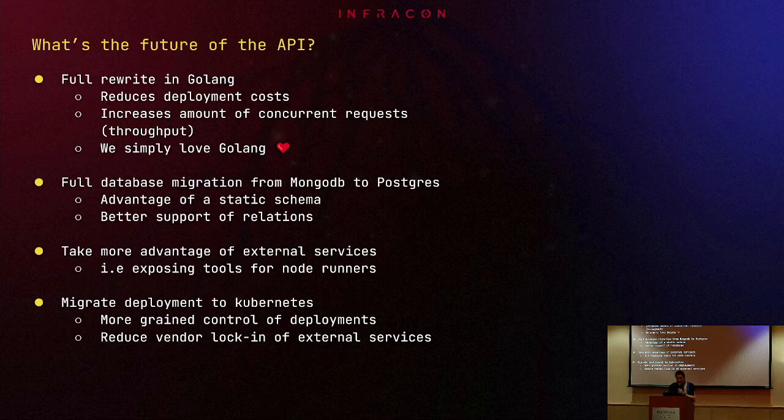And second, we're going to be able to increase the throughput of our API instances, because we're going to be able to serve more relays in less time. This is especially useful for applications that are very intensive and process a lot of relays. But honestly, besides all of that, we simply love Golang, so whenever we can use Golang, we will try to use it.